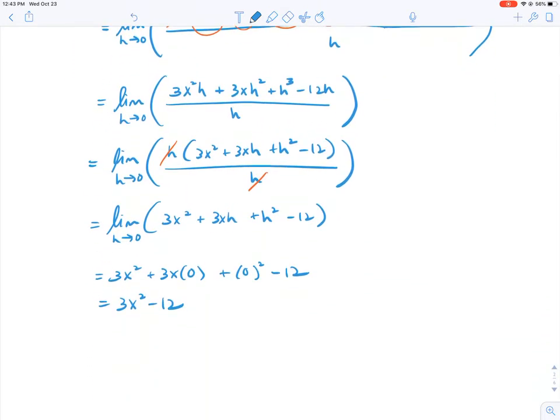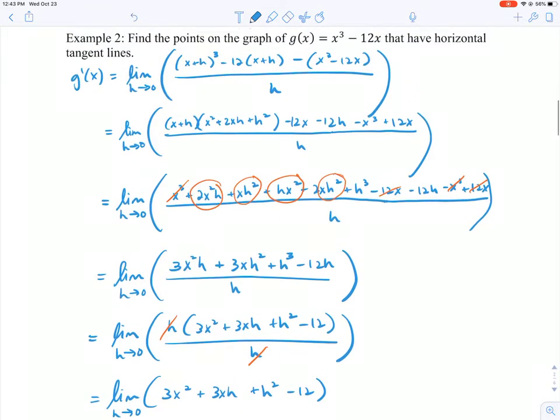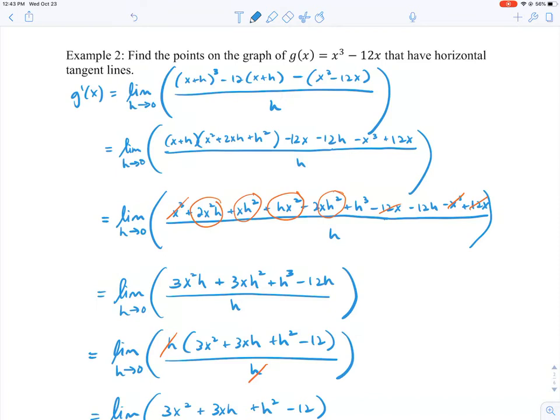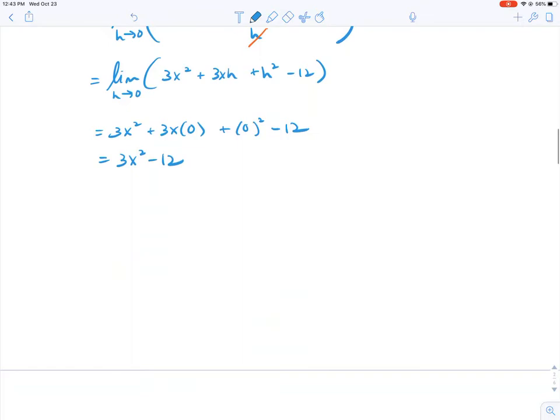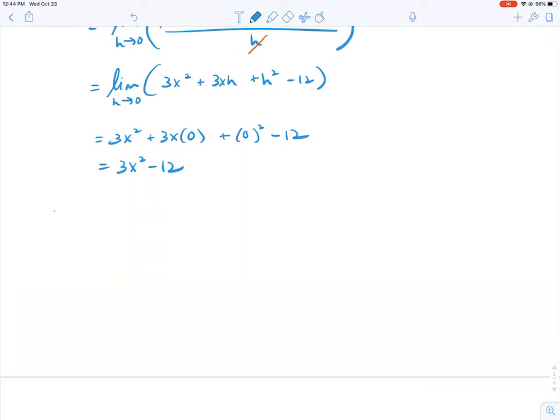Now remember, we would find the slope of a tangent line to the curve by evaluating our derivative at different x values. Instead, this question is asking us to locate all of the horizontal tangent lines to this curve. We know that horizontal lines have a slope equal to 0. So we're going to set our derivative equal to 0 and solve for the values that would make that true.